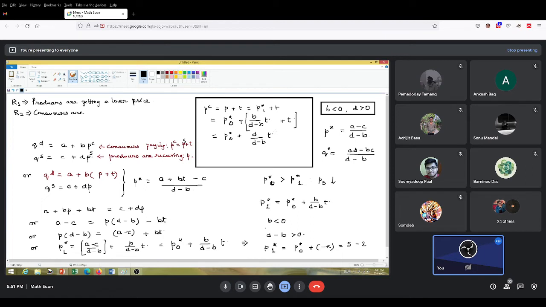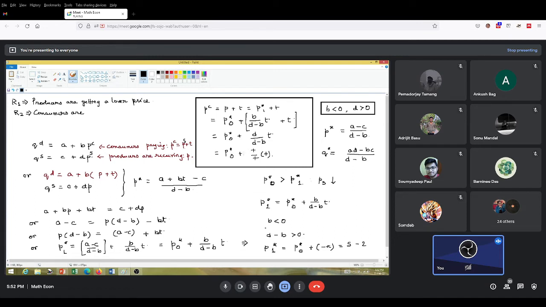Now what is D? It is greater than 0. D is positive, and we know that D minus B is also positive. So P star 0 plus tax, which is also positive.